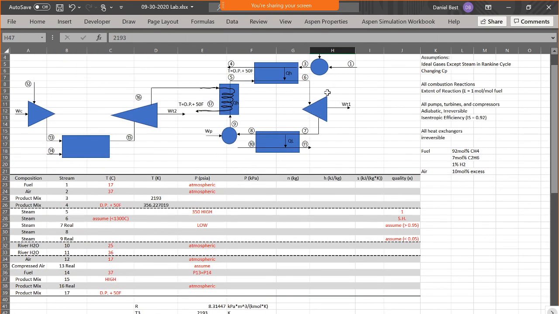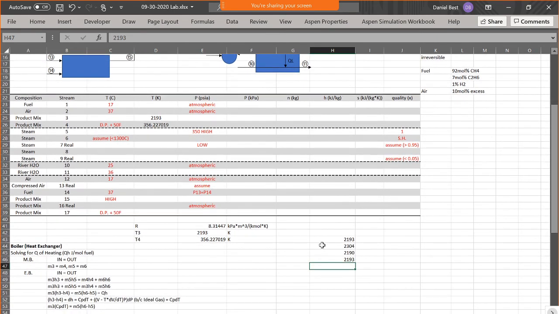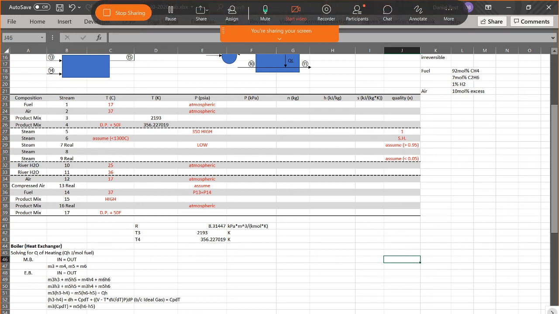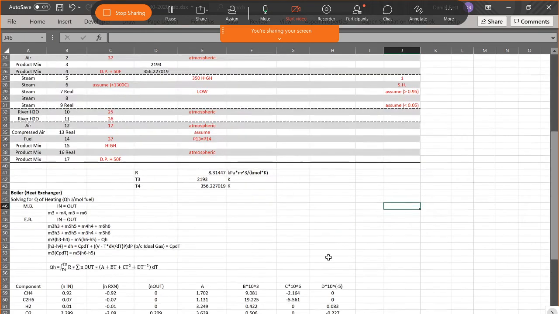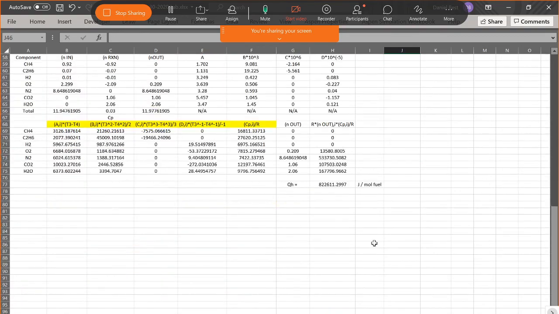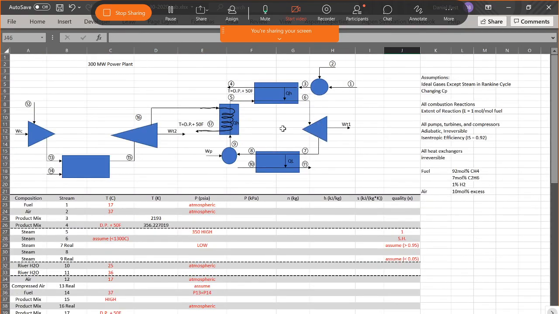Coming into the turbine. $1,317. All right, cool. Interesting. Wait, you did yours in Fahrenheit? Oh man. All right. That will be fun.